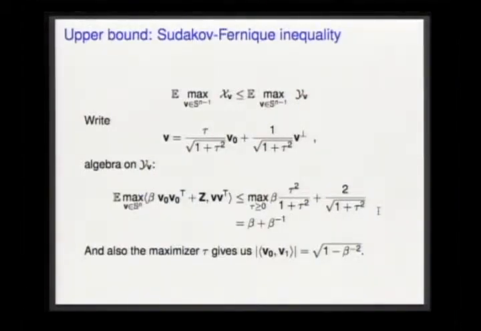The other good thing about this proof technique is that when you look at what value of tau maximizes this real valued function of tau, you also get that the inner product of v0 and v1, which you can express in terms of tau, is exactly the quantity we wanted to get. So this gives us an upper bound on the value of the problem.